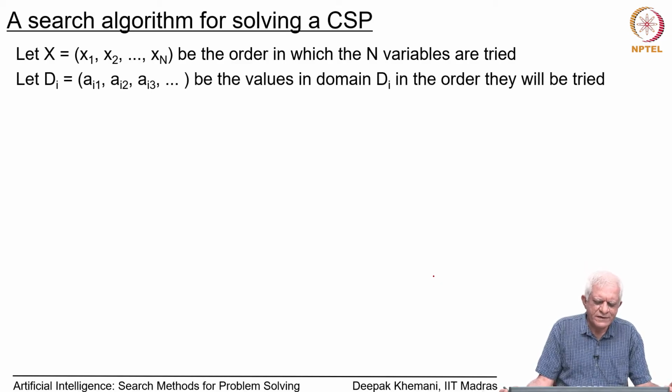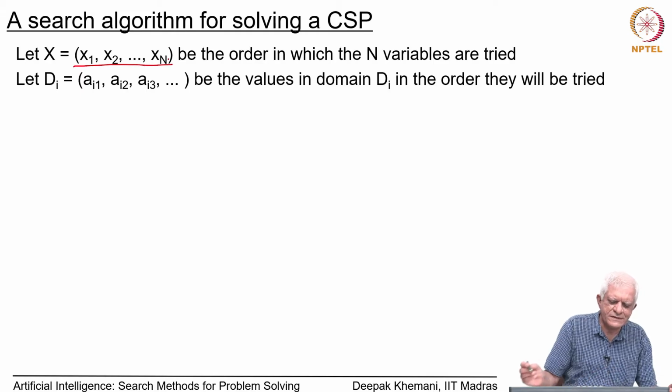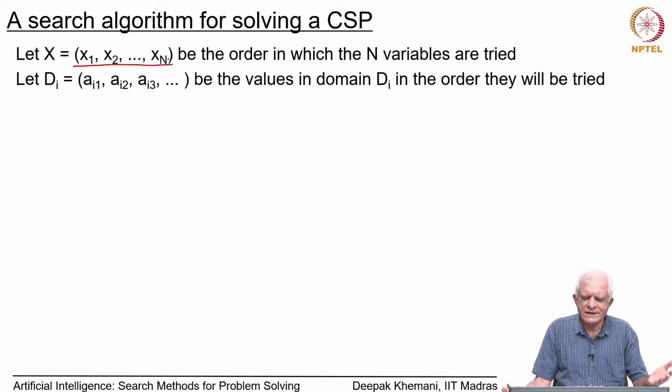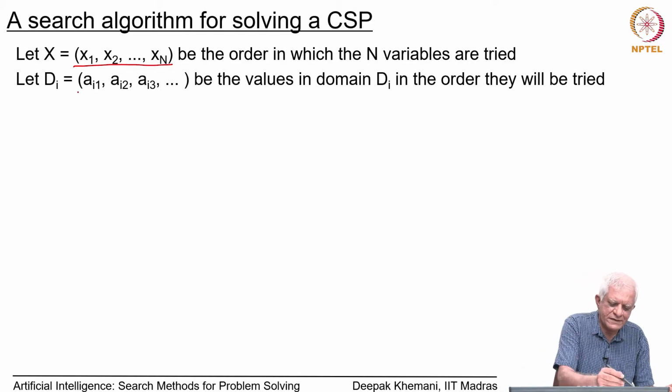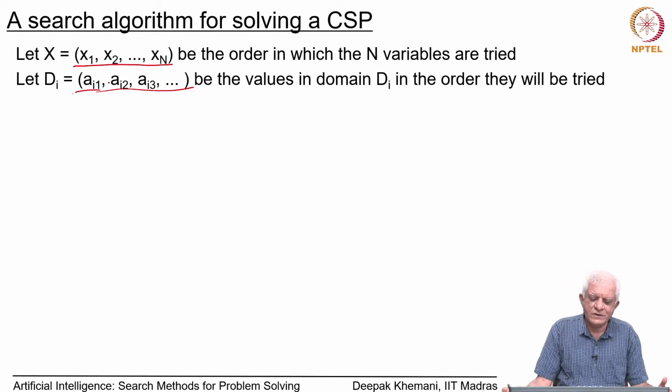So, we are searching for these n variables, and let us say that we have pre-decided the order, that x1 is first and x2 is second, and so on. And within each domain, let us say that we have pre-decided the order in which we will look at the values essentially. There are algorithms which do not pre-decide this, but do it on the fly dynamically, but we do not have time to get into those.